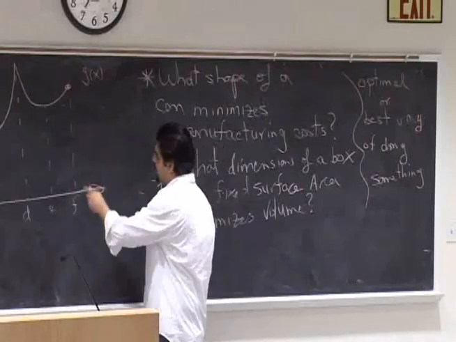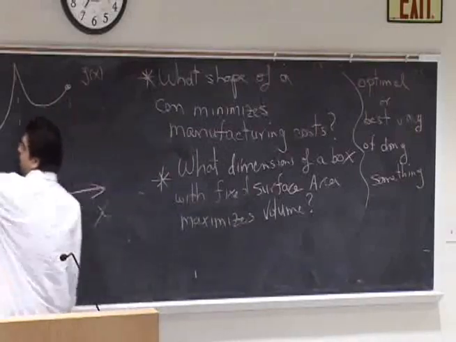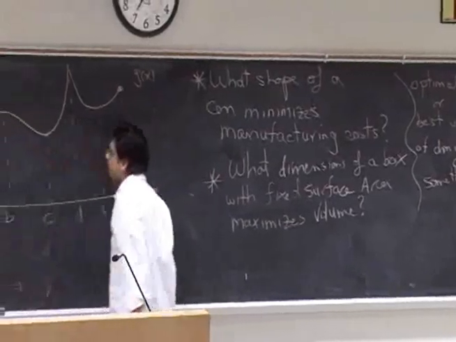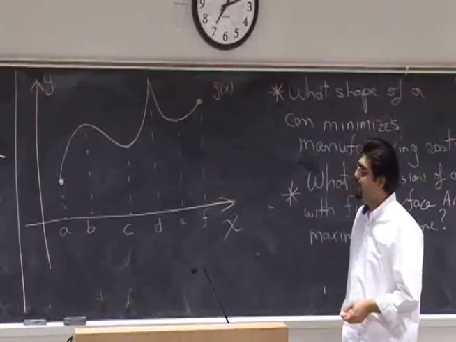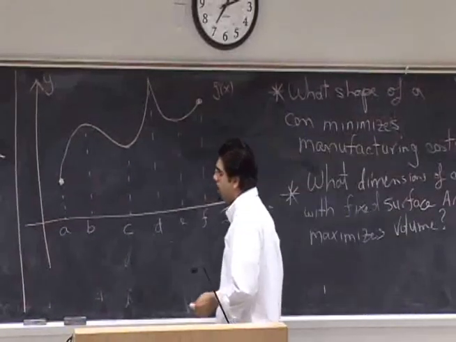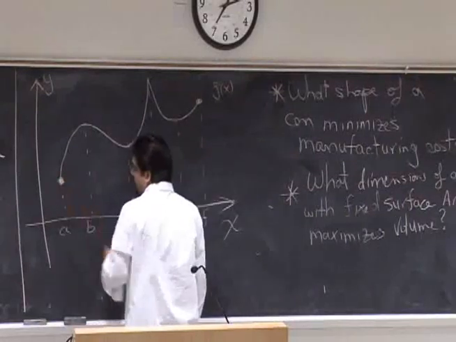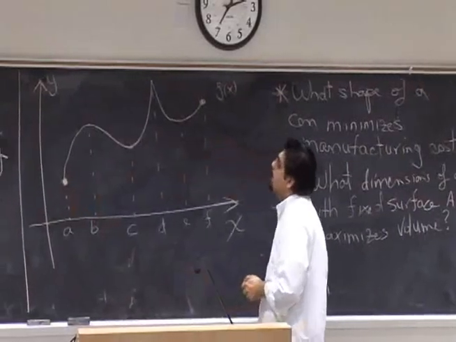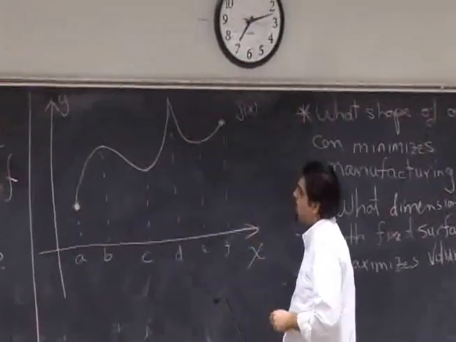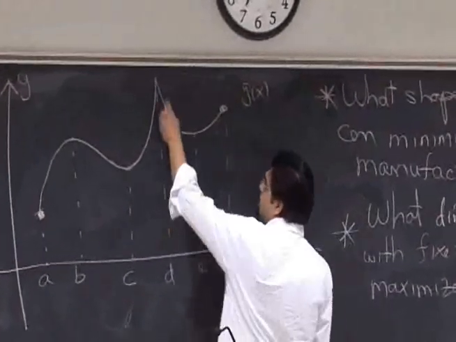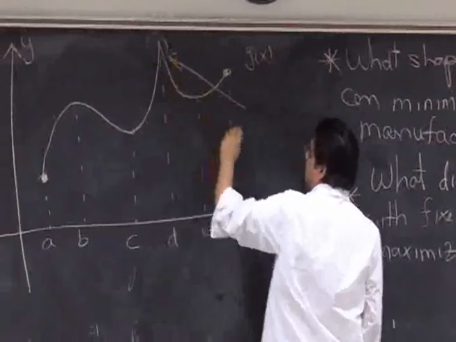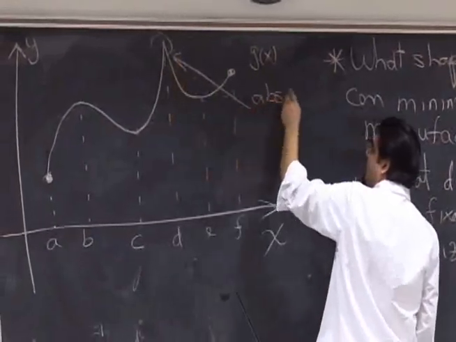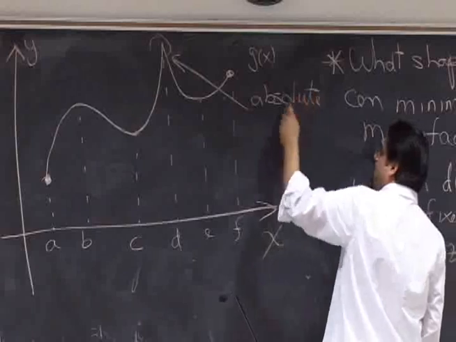So let's take a general function, g of x, whose graph appears here. And let's try to classify some of the interesting points of this graph. Well, the notion of maximum is basically the highest point on the graph. So in this case, the maximum occurs here. Okay? So we're going to call that the absolute maximum.